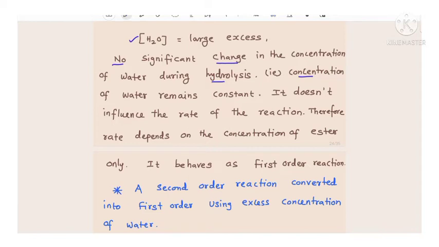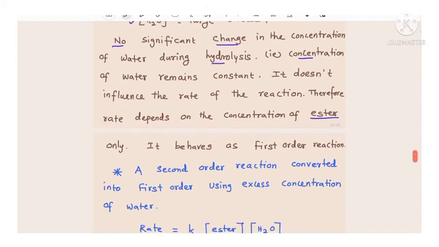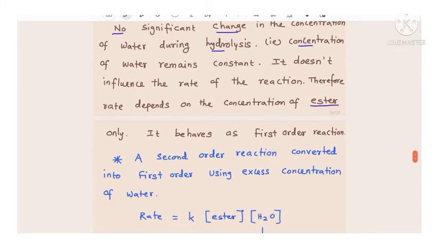So while taking water in excess quantity, the concentration of water is assumed to remain constant, so it cannot affect the rate of this hydrolysis of ester. The rate of the reaction depends only on the concentration of the ester. Now it looks like a second order reaction, but by taking one reactant in excess quantity, we alter the rate to first order. So this is acting as a pseudo first order reaction.